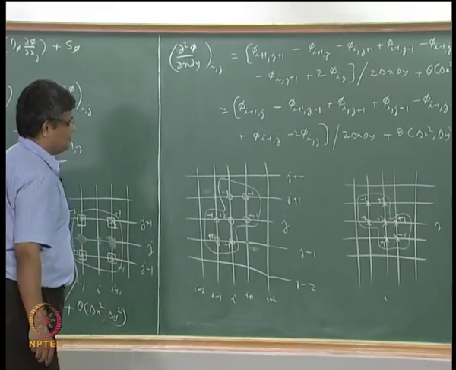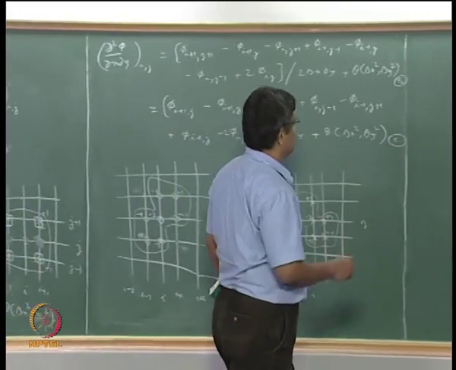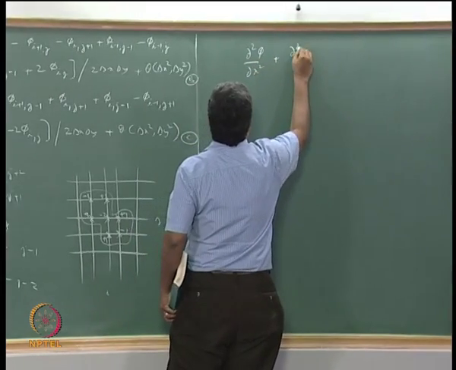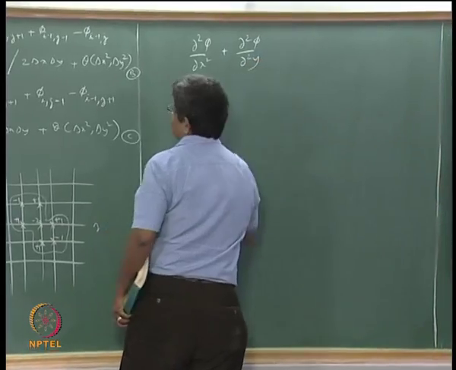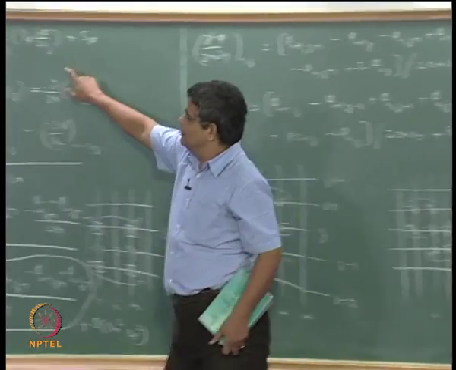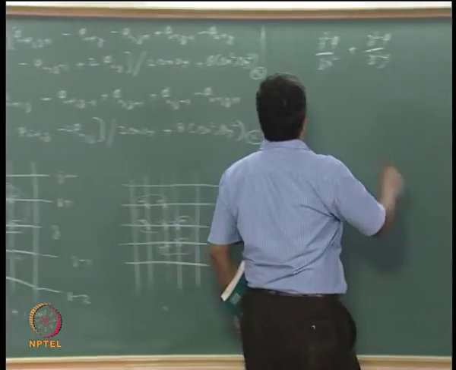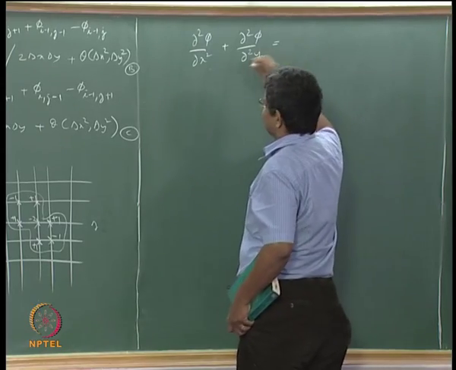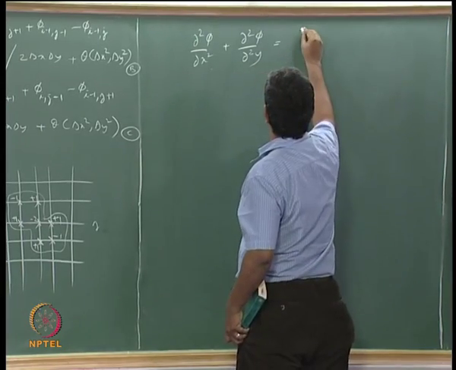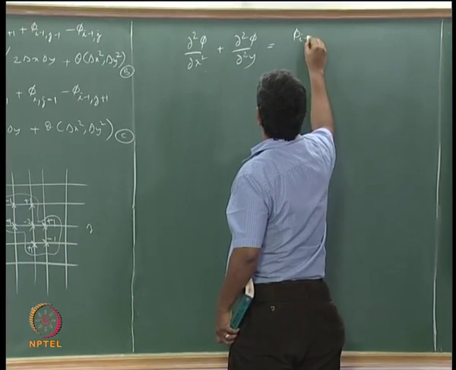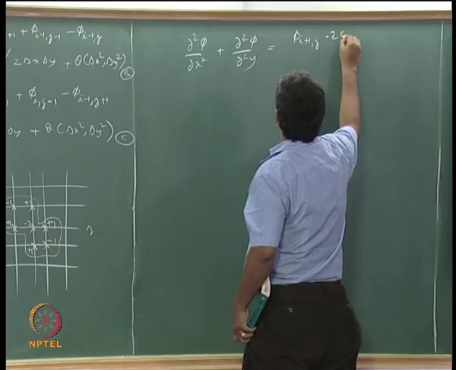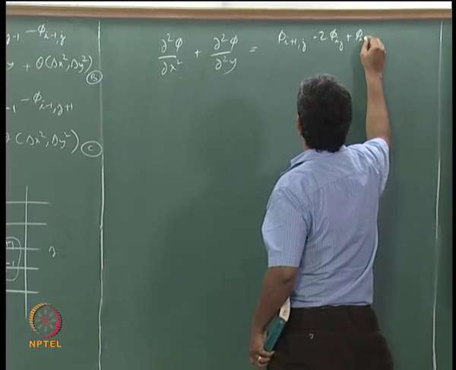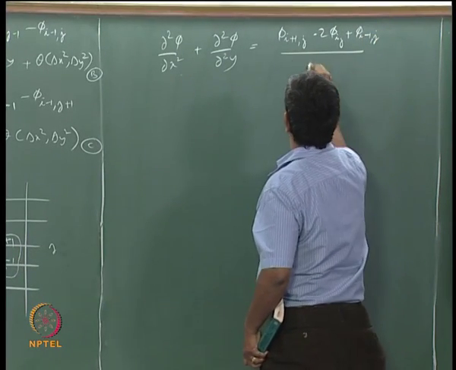But let us also, for the sake of interest, for the sake of comparison, take the normal derivatives, okay, coming from the diffusion term in a two dimensional case, and we can write the approximations using the same central differences for these, and this will be, as we have seen, phi i plus 1 j minus 2 phi i j plus phi i minus 1 j by delta x square.